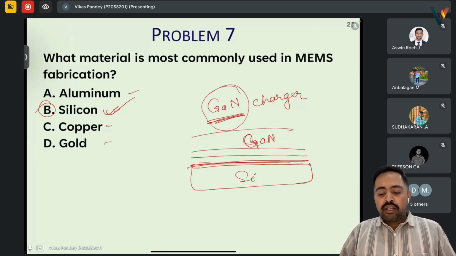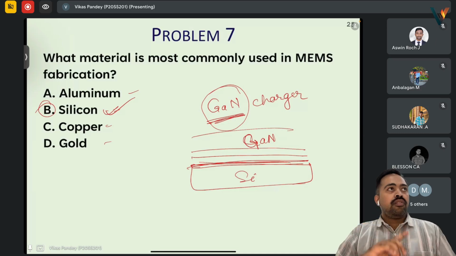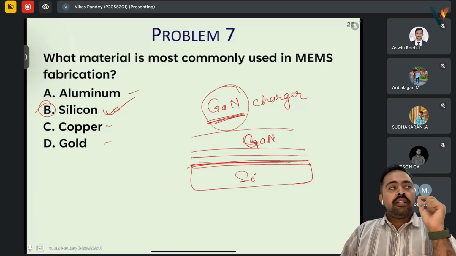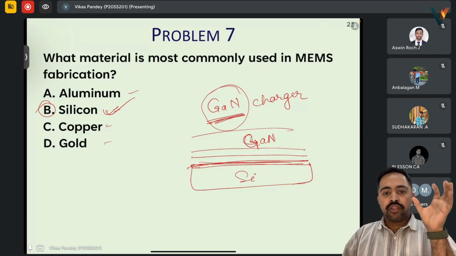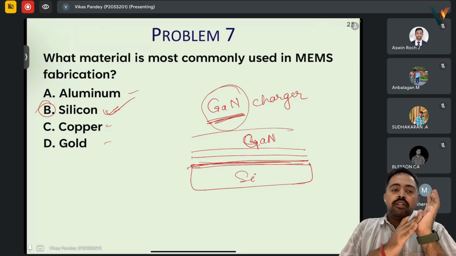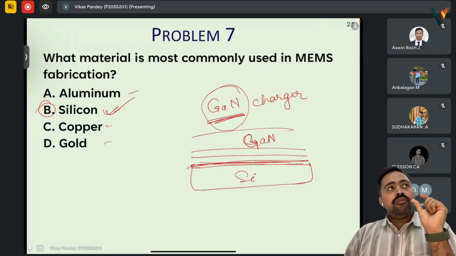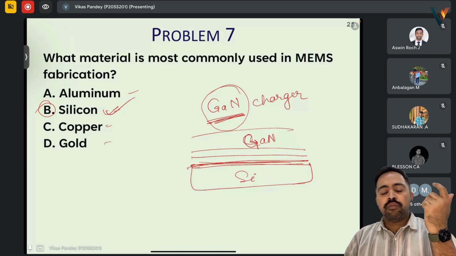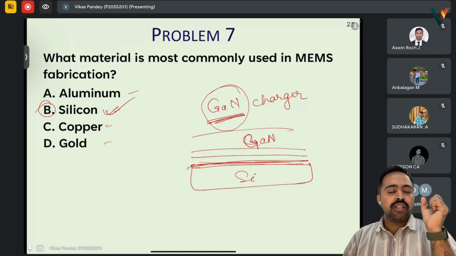I can give you a perspective: recently we were trying to get a GaN wafer that is grown on silicon, a small 2-inch wafer. Although we are not producing silicon wafers in India.